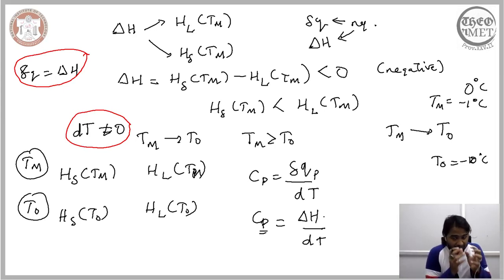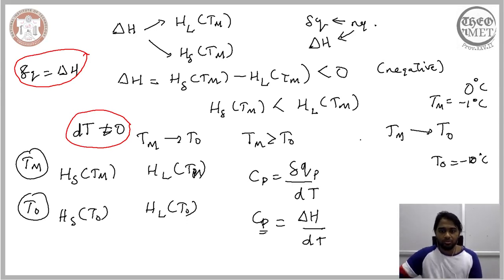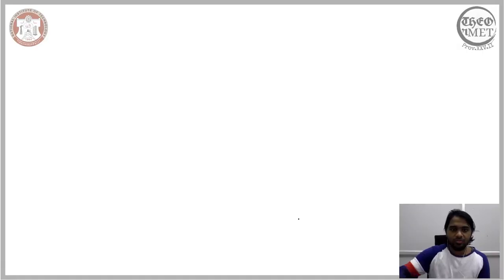Whenever we have an isothermal change in state, we cannot use this expression because delta T becomes 0. However, when we consider a non-isothermal change in the state of the system, we are allowed to use this expression. So we now have an expression for Cp that relates the change in the enthalpy to the change in the temperature.